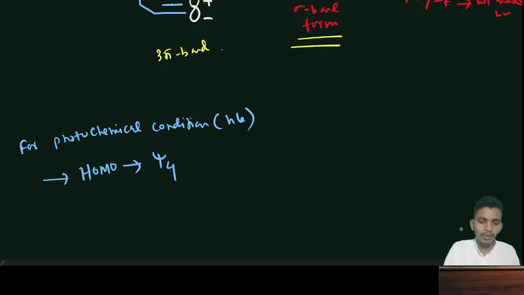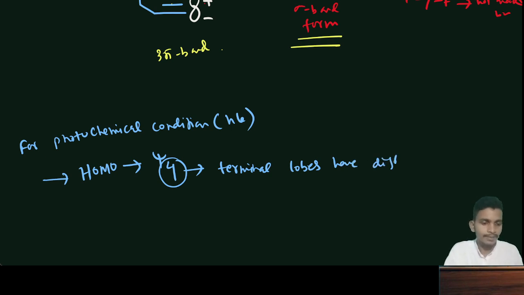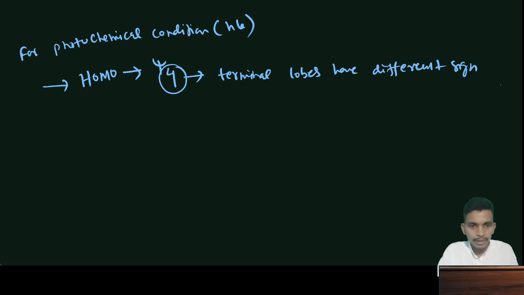So now we will go through psi 4, and what is said is that this is an even number, and if it is an even number, then the terminal lobes have different signs, which we discussed in the first class. So now make the substrate.